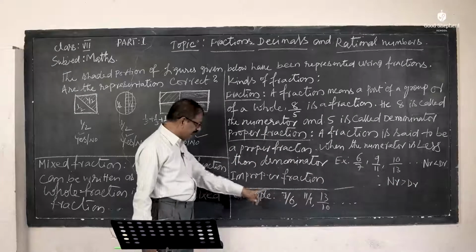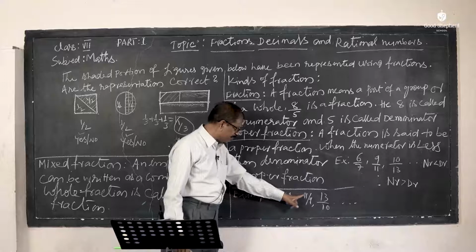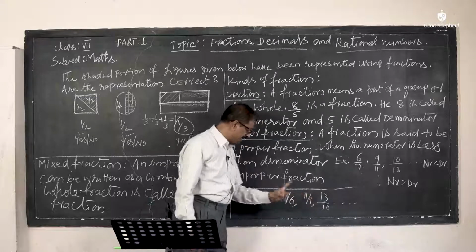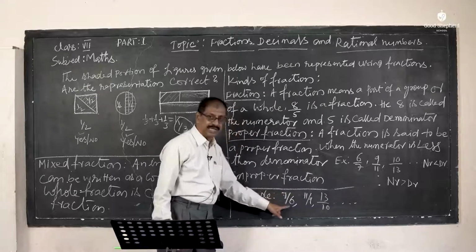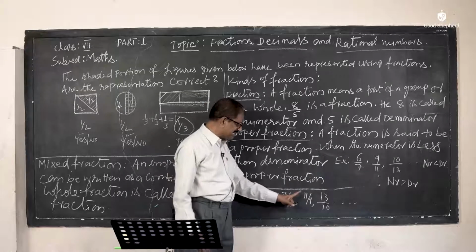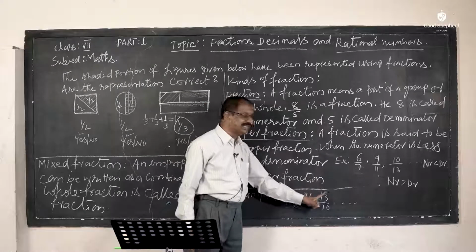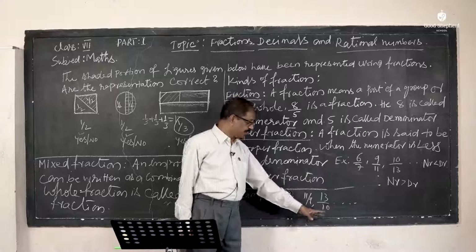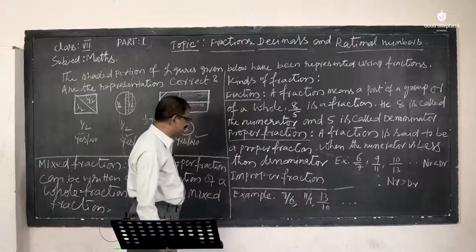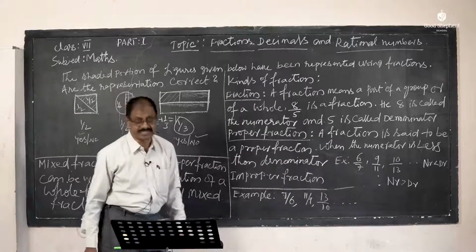The example is given, 7 by 6, 11 by 9, 13 by 10. See, all the numerators are bigger than the denominators. 7 is greater than 6, 11 is greater than 9, 13 is greater than 10. Therefore, all these fractions are called improper fractions.